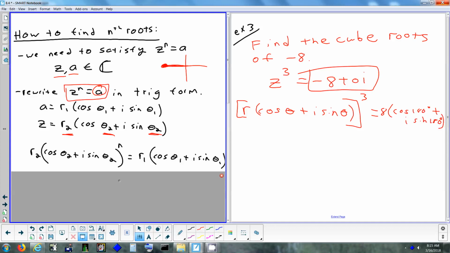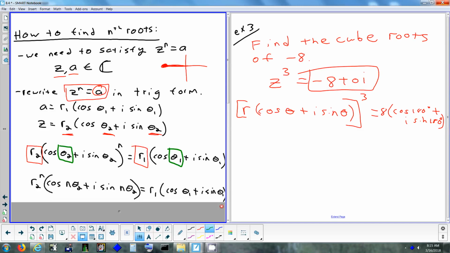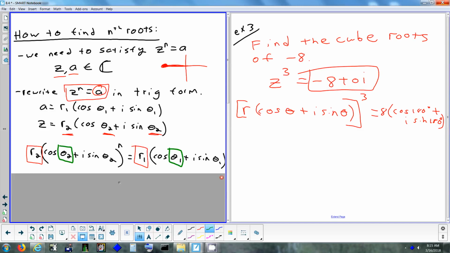Each side has a radius, and each side has an angle. In order for the left-hand and right-hand sides to be equal, what's in the red boxes and what's in the green boxes has to match. So that's going to be the goal. We're going to try to make those two things match.